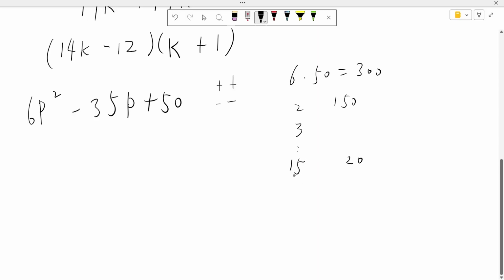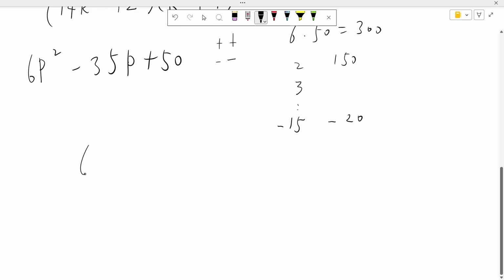Now these two numbers look more plausible because they're of similar magnitude to 35. But notice the sign again. We have to add these two to get to negative 35. But we can do that if we simply assign negative signs, because these two add up to negative 35, while also this multiplied by this results in positive 300, like I mentioned before.